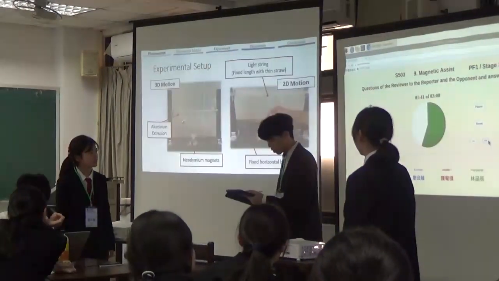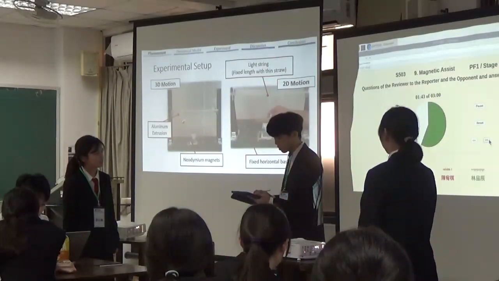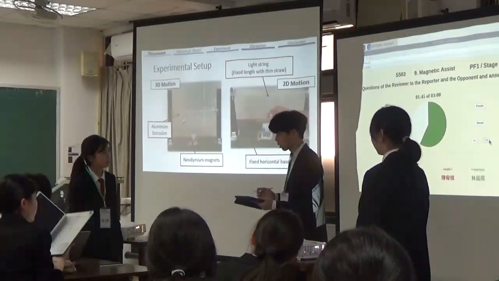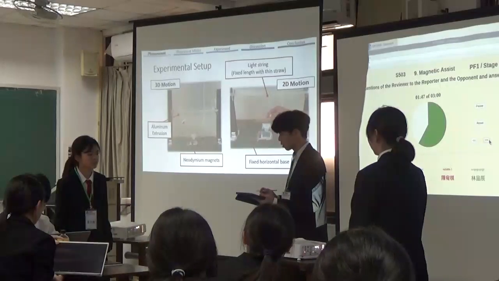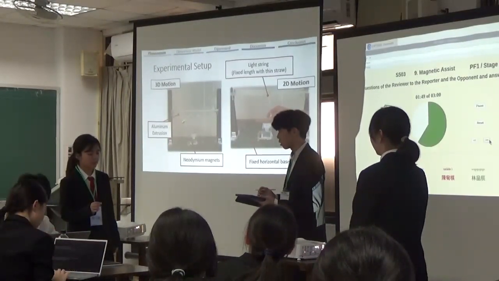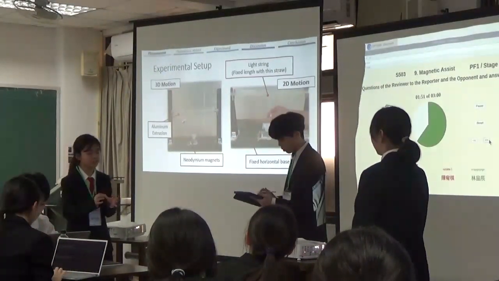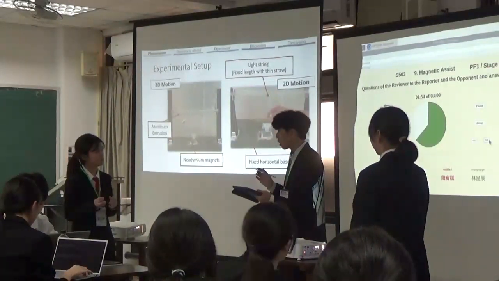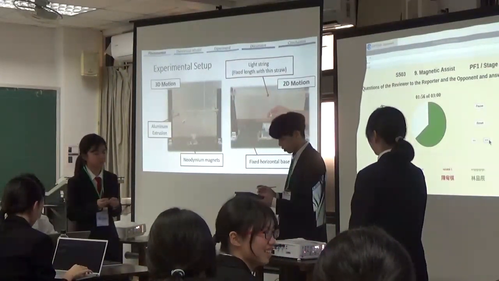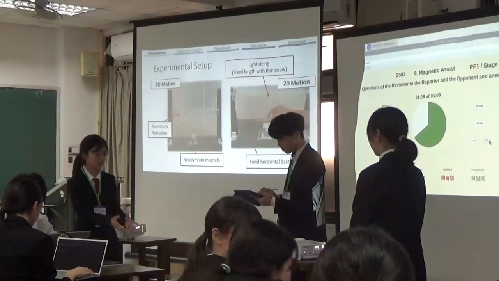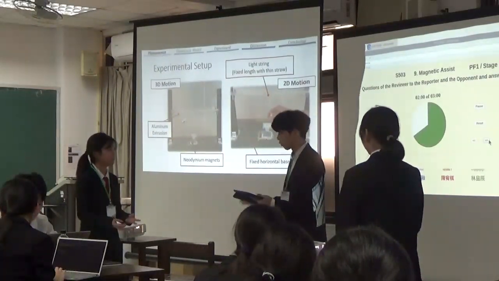So this one is also for the reporter. Do you acknowledge that there's a specific definition for the chaotic system? Yes, it's when you change a little bit of your initial force, and it will be completely unpredictable. Okay, thank you.